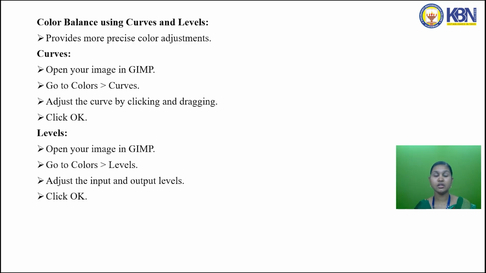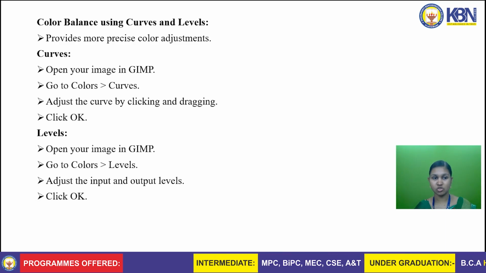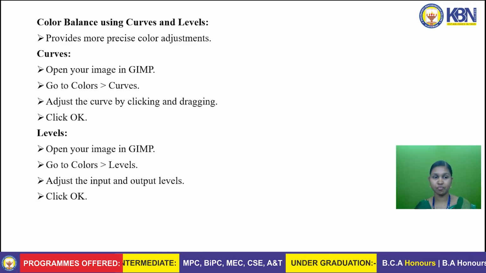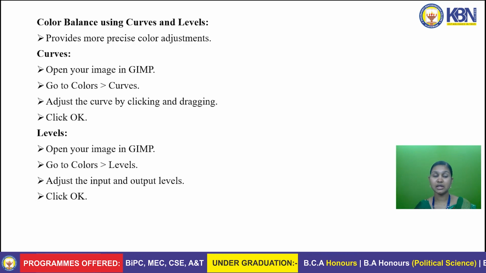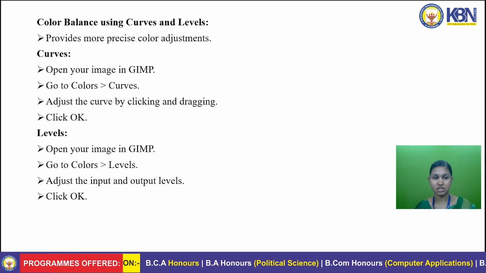In the image menu, go to the Colors menu, then click on Curves. By clicking on that, the cursor will look like a finger image, and you adjust on the curve and click OK. Then you have to consider levels. Open your image in the GIMP file, go to the Colors option, select Levels, and finally click OK.